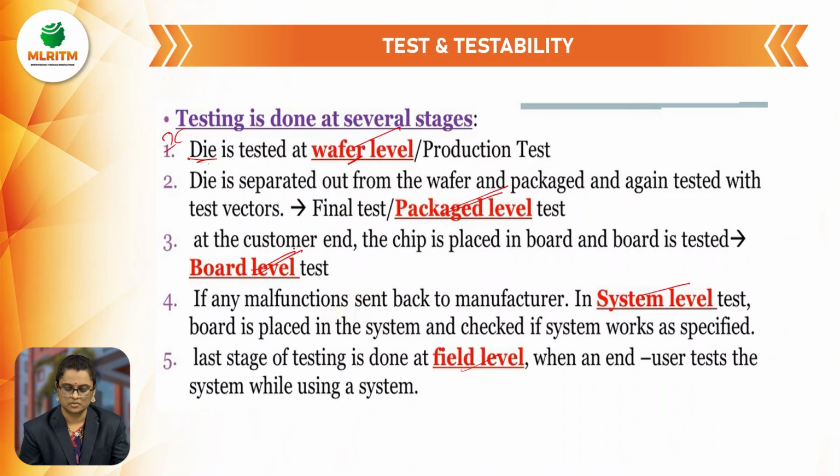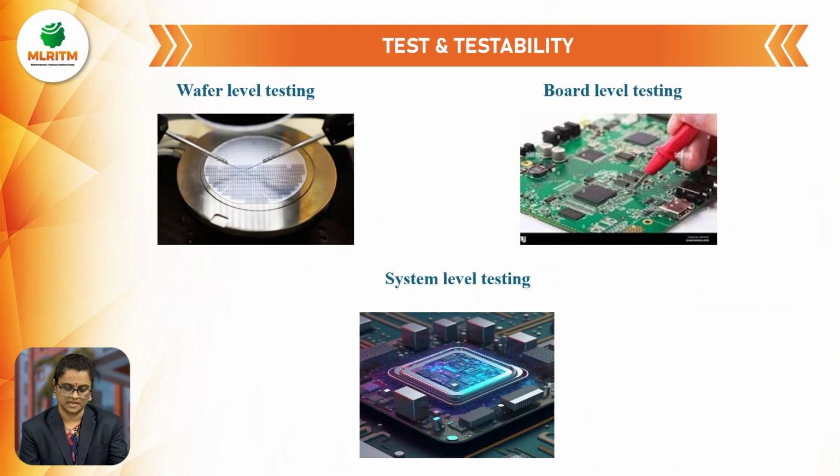Then board level testing: the chip is placed on the board and the board is tested. After packaging is done, we place the IC onto the board, and then we test it. Then system level test: the board is placed in the system and checked if the system works as specified. And then field level: the end user tests the system while using it. These are the testing stages.